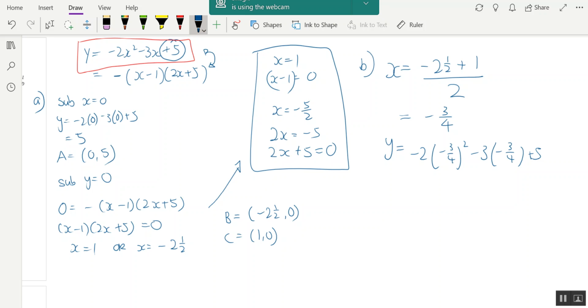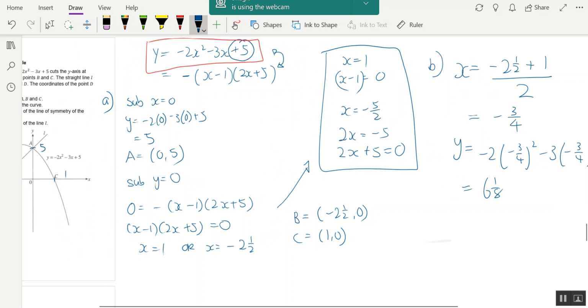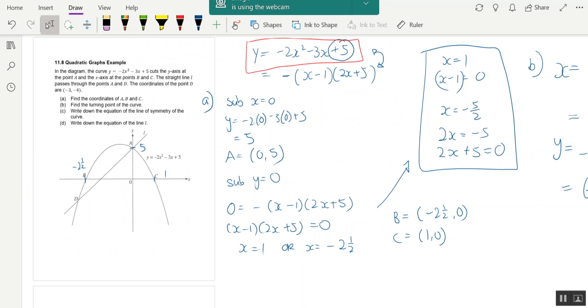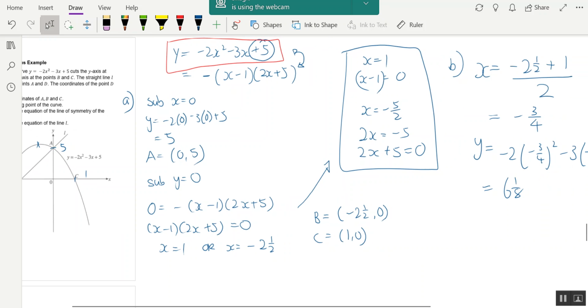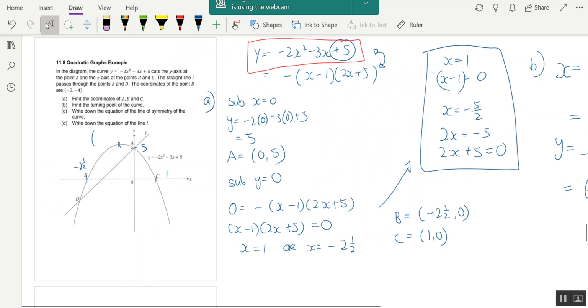And you will have 6 and 1 over 8. So in this case, is it a maximum point or minimum point? Because it's an N shape, right? You are at the top here, so it is a maximum point. That will give you negative 3 over 4, comma 6 and 1 over 8.